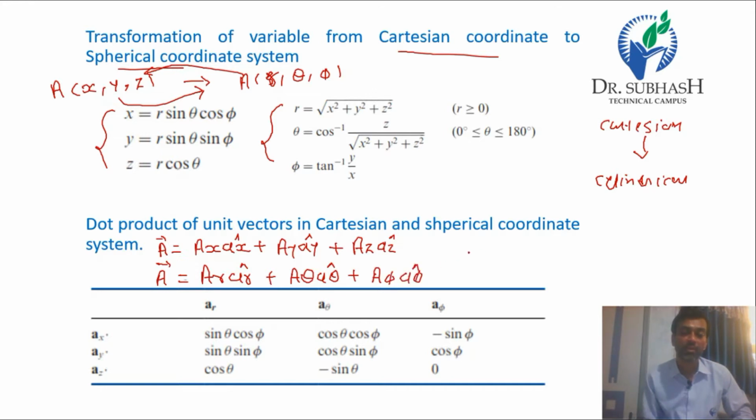During the transformation of the vector, we are required to put in the values of the dot products between the unit vectors.